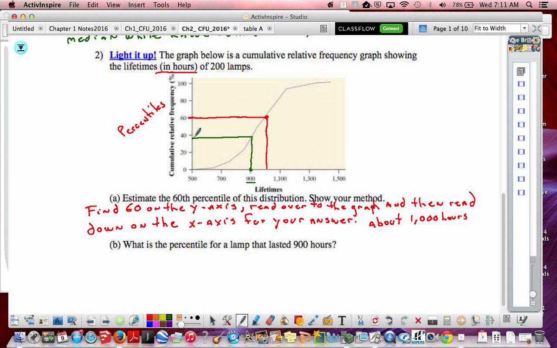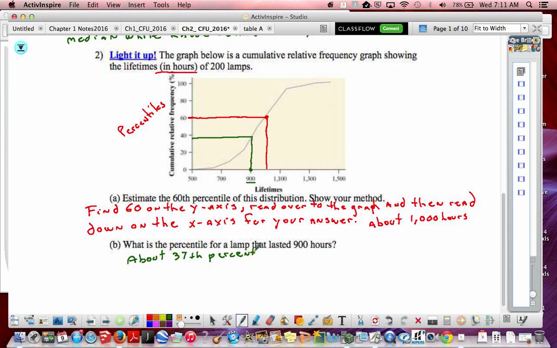Looking at how I drew that, here we're at 20, 40, pretty close to 40, not quite there. So what percentile? Looking at the way I have it drawn here, I'd probably say about the 37th percentile.